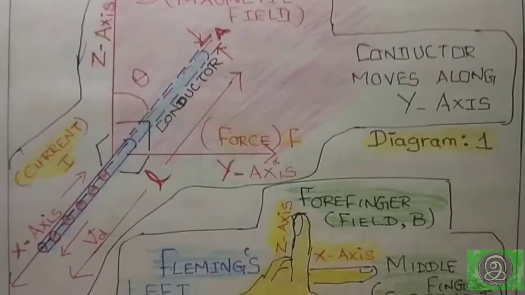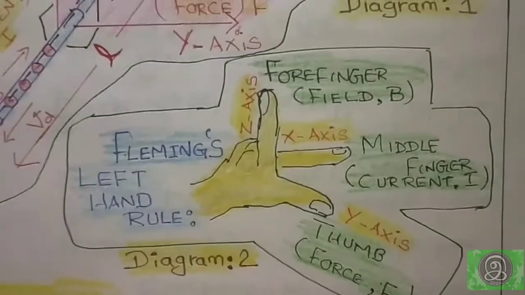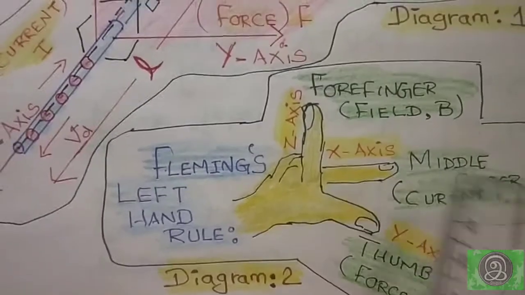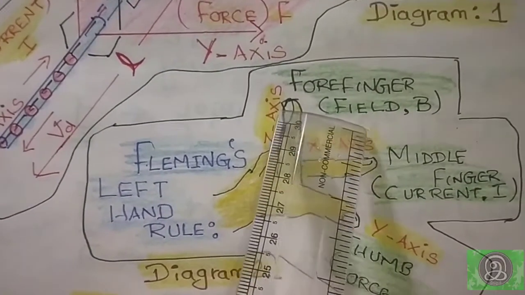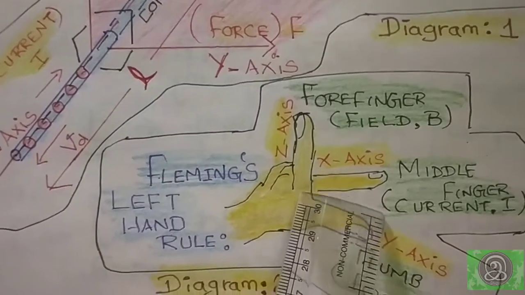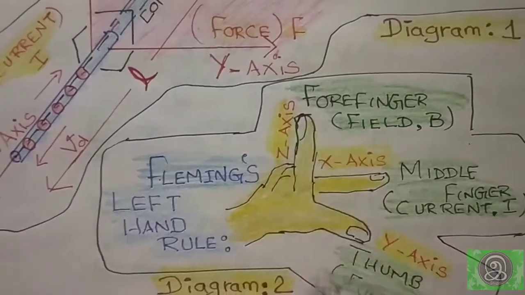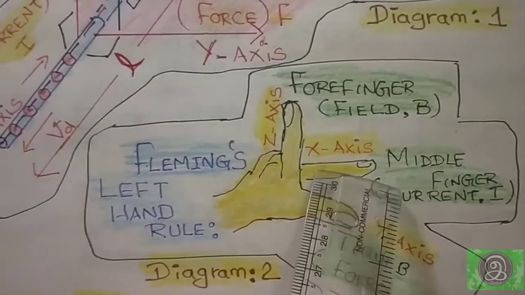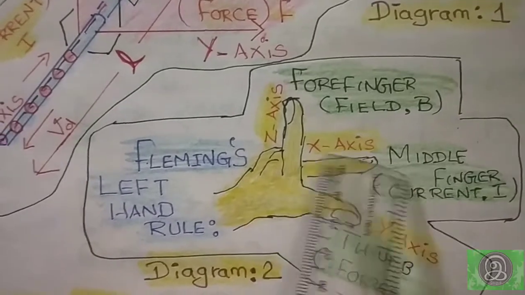So here we are following Fleming's left-hand rule. It is also called the motor rule. Here the forefinger denotes the field, which is the z-axis. The middle finger denotes the flow of current, which is the x-axis.